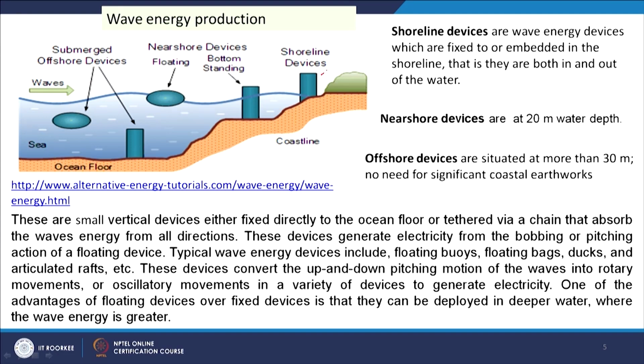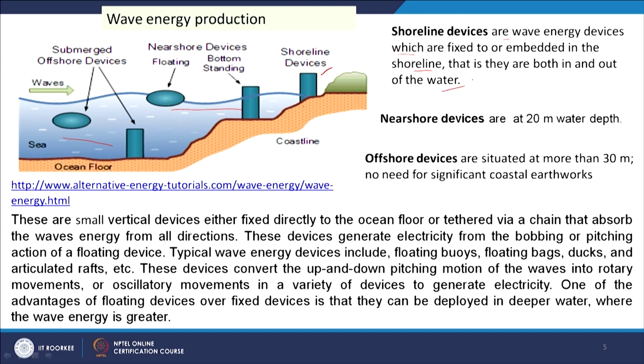One is shoreline devices, and then near shore devices as shown here, and these are submerged offshore devices. Shoreline devices are half in the water and half above the water, with some part submerged and some part above it. These wave energy devices are fixed to or embedded in the shoreline, that is, they are both in and out of the water.